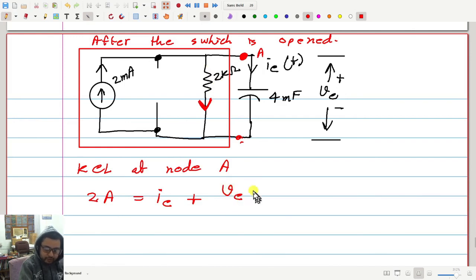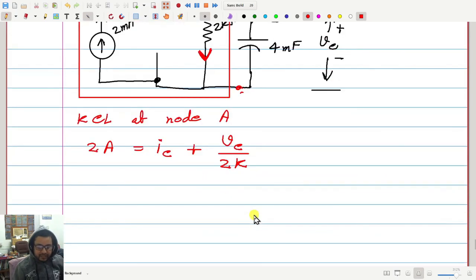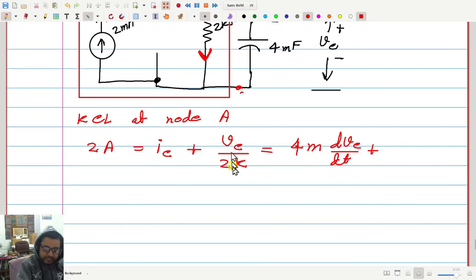That is VC by 2 kilo ohm. Then I can write IC is equal to C, which is 4 milli, into dVc by dt, plus Vc by 2k, and this is equal to 2 ampere.